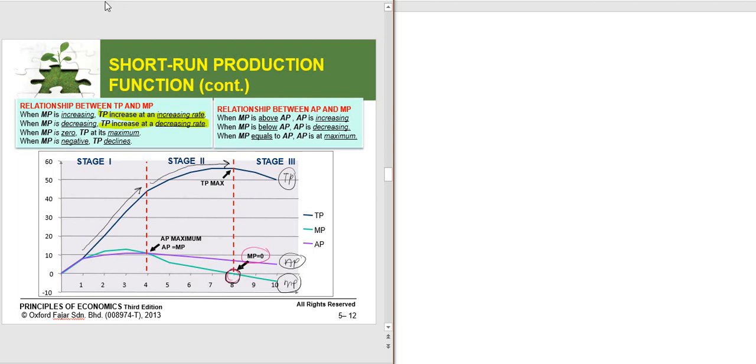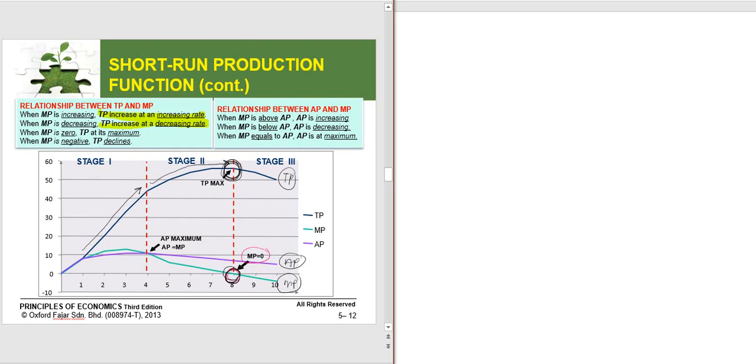Or you can also look at the total production, where the curve for total production is at maximum. So the two conditions that you can look at to know whether stage 2 has ended or not are when total production is at maximum or when marginal production equals 0. That means stage 2 of your production is ending.